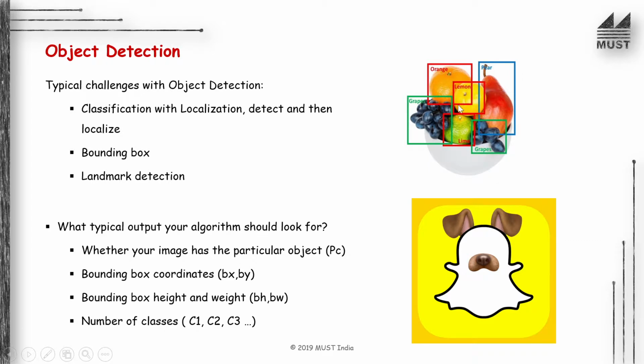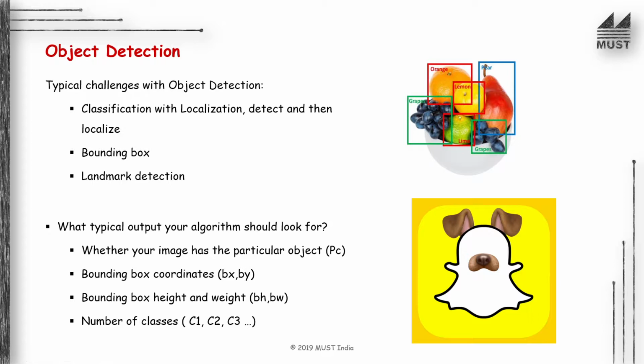Apart from that, in object detection, you need bounding boxes. The bounding box should have a start coordinate. In some algorithms, the start coordinate is taken as the center of the bounding box, and in other algorithms, it is sometimes taken as the upper left corner.